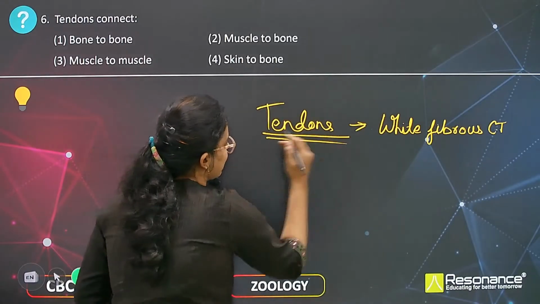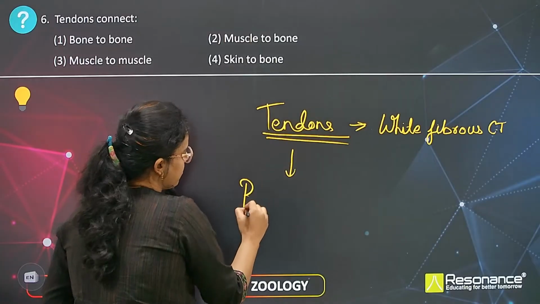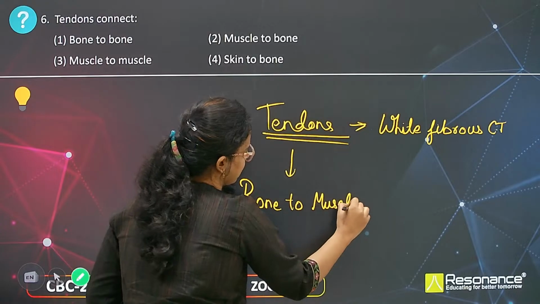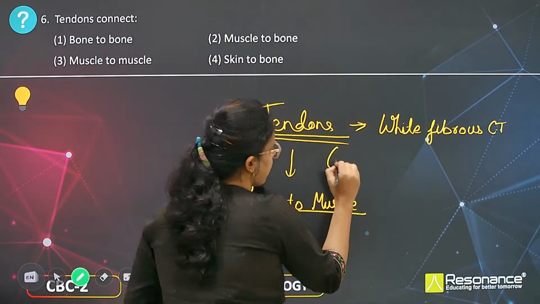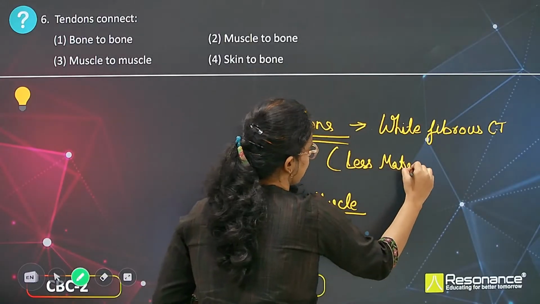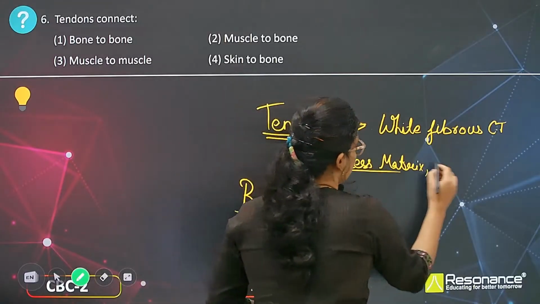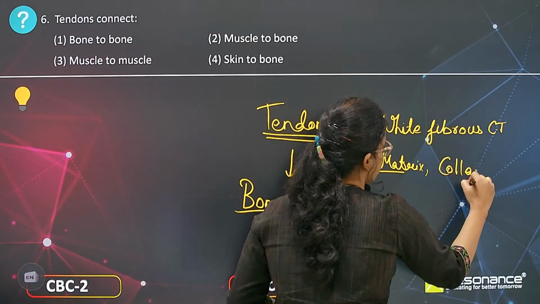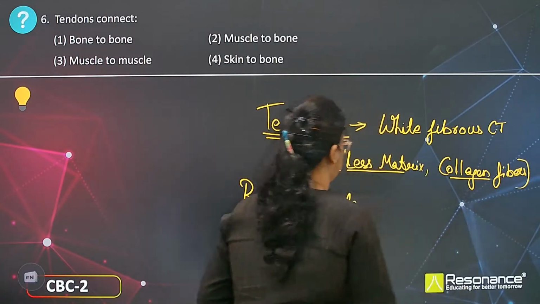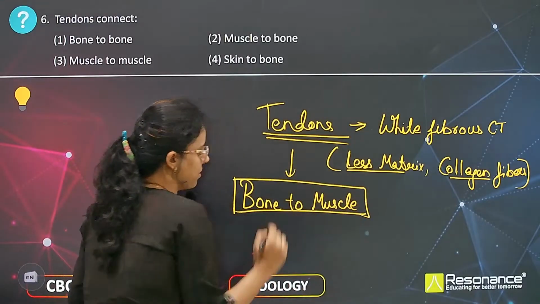Now, tendons connect bone to muscle, right? They have less matrix. They are flexible, but they are rigid and consist of more collagen fibers. So tendons are the ones which connect muscle to the bone.